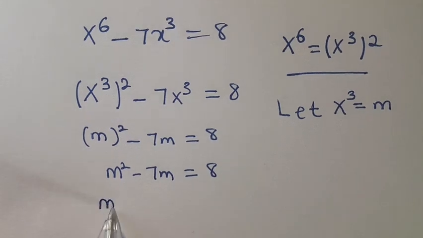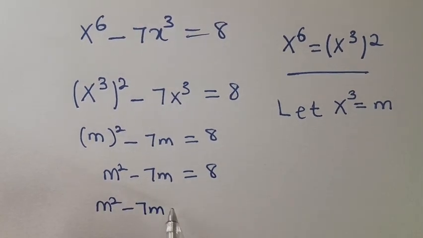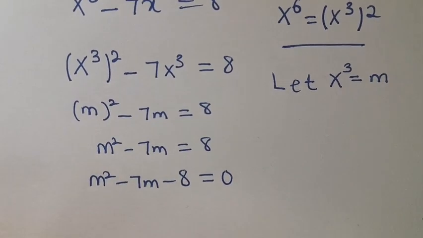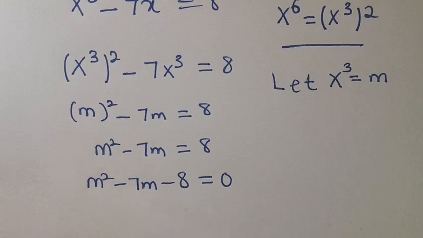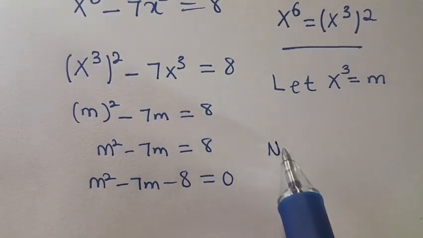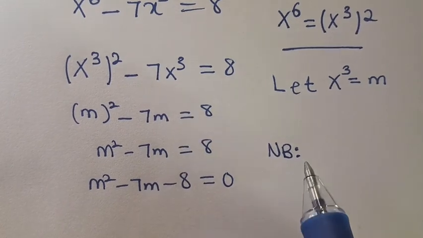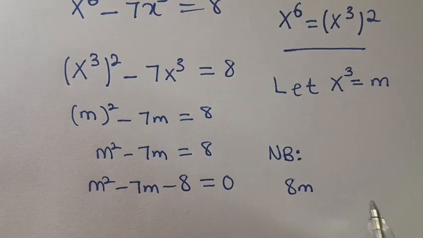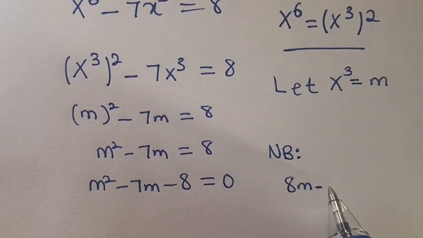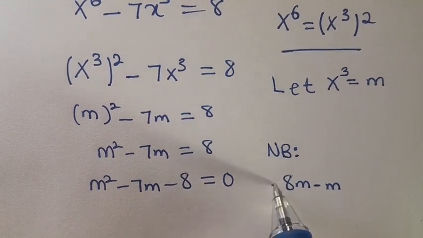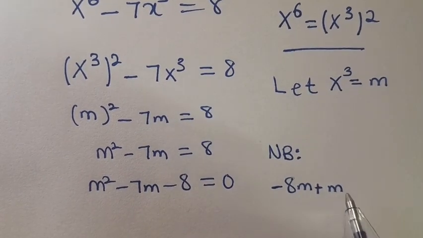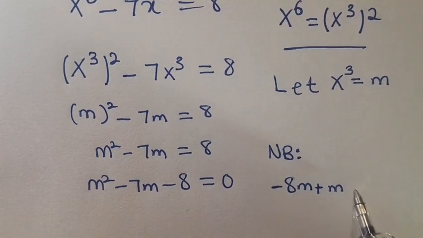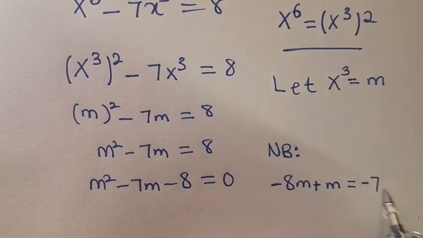Let's take this one to this side, then we're going to have it to be m squared minus 7m minus 8 equals 0. So obviously, this is a quadratic and we can solve it quadratically. But mind you that when you have minus 8m plus m, this will be equals minus 7m.